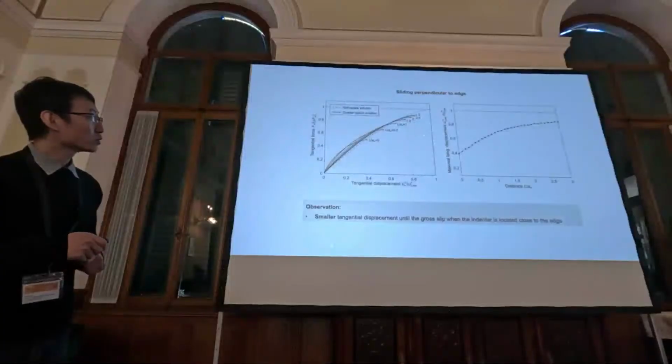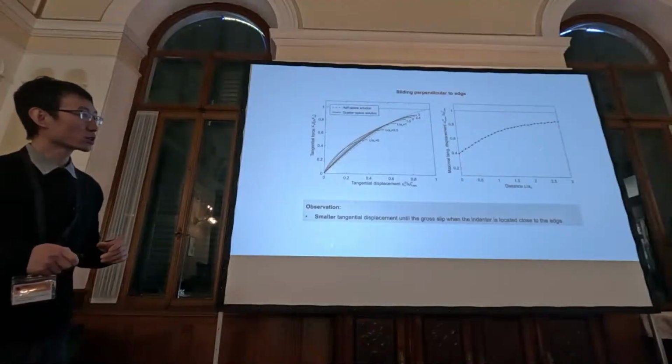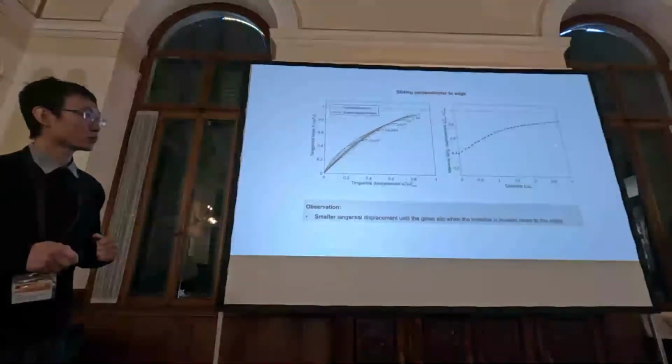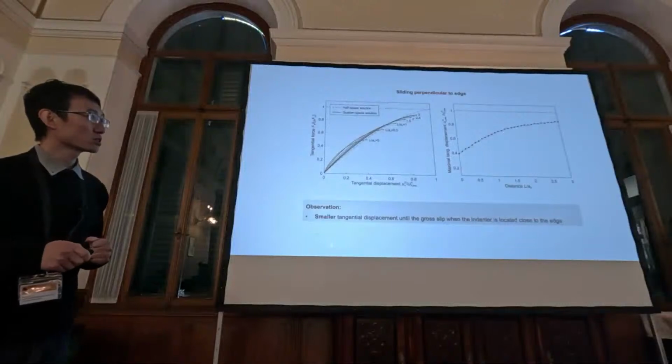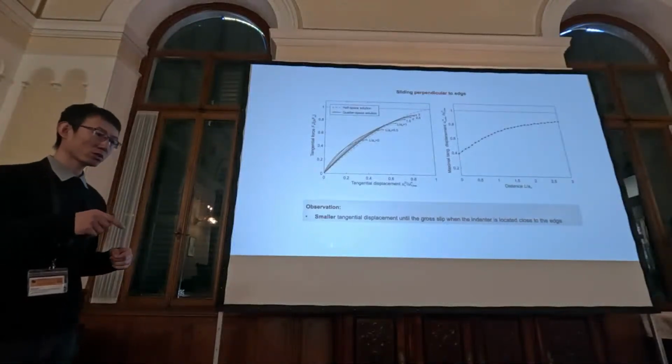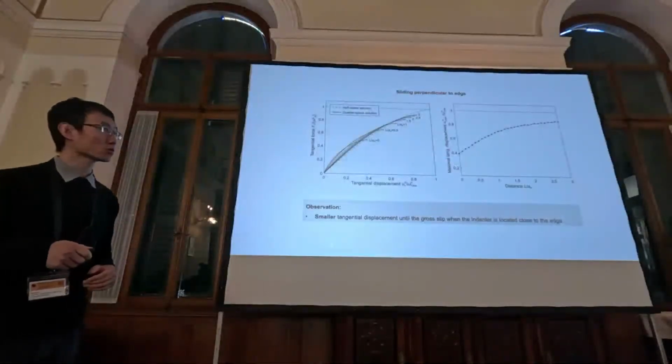If you focus only on the maximal tangential displacement, we can see if the indenter is located far from the edge, then the maximal tangential displacement is close to the half space solution, and if it is located closer to the edge, then the maximal displacement is much smaller.